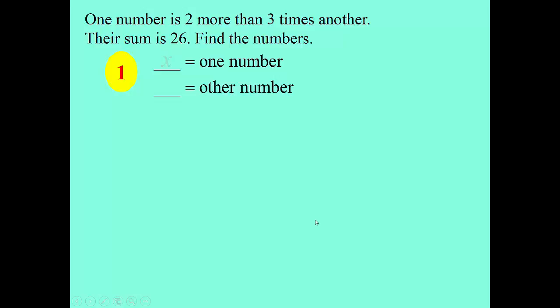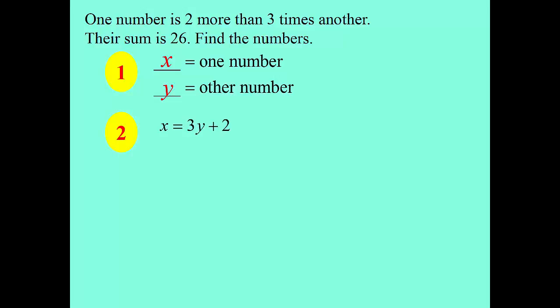So one of these we'll call x and the other one we'll call y. Step 1 should be quite easy in this chapter. And then step 2 is to come up with the equation, or again, in this case, the equations. Because if we have 2 variables, we need 2 equations.